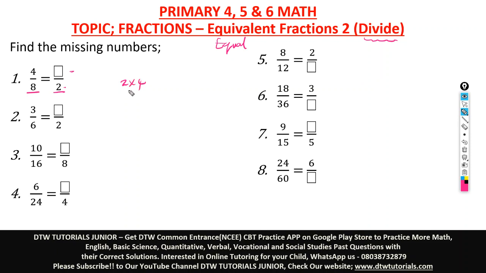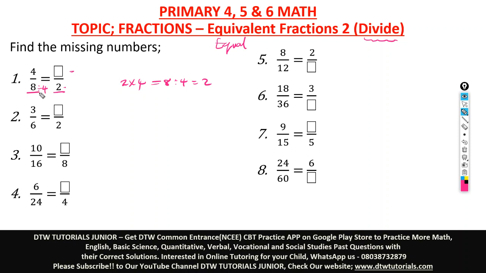So it means that 8 divided by 4 will give you 2. You see that 2 times 4 gives you 8, and 8 divided by 4 gives you 2.